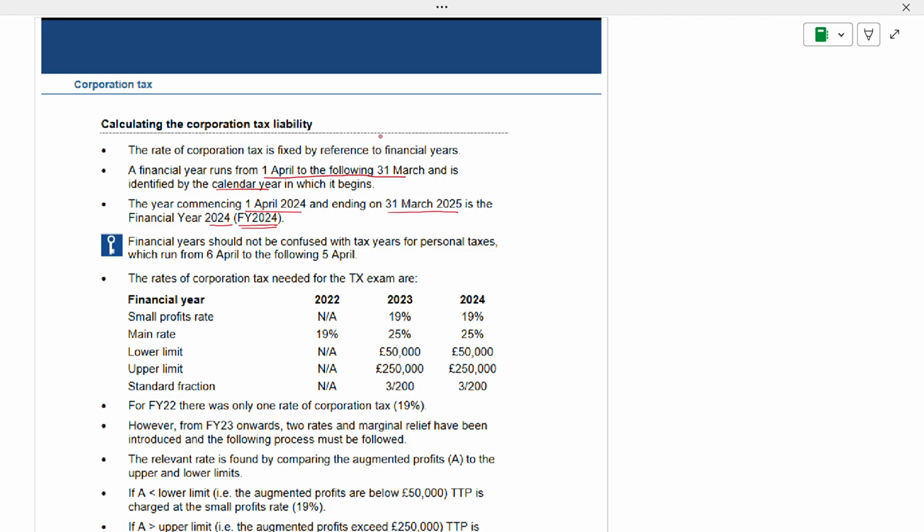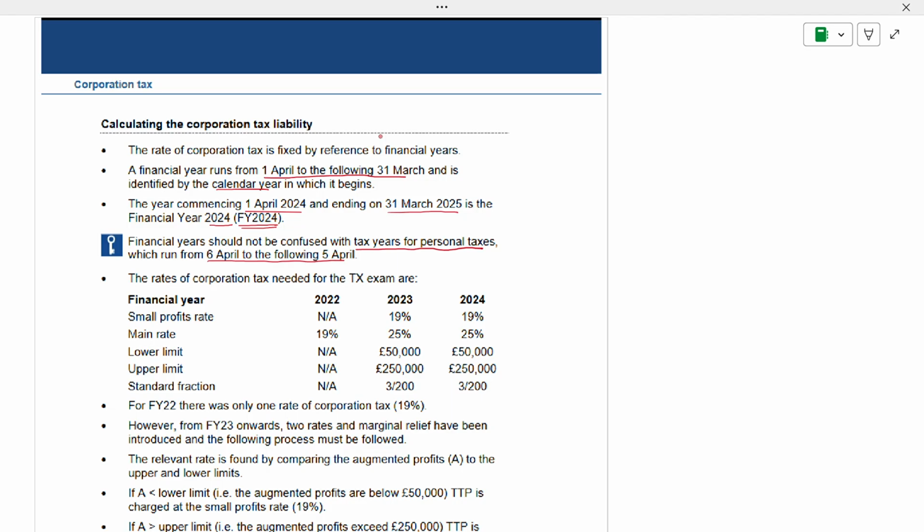Now you see the things. What is the financial year? The financial year starts on 1st April and ends on 31st March. The financial year should not be confused with the tax year, which runs from 6th April to 5th April.